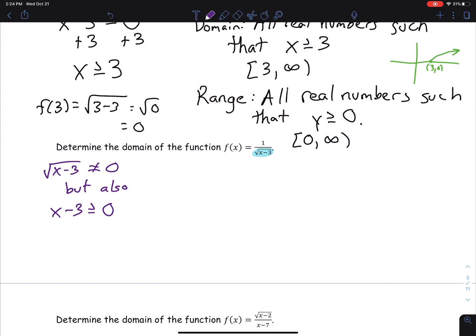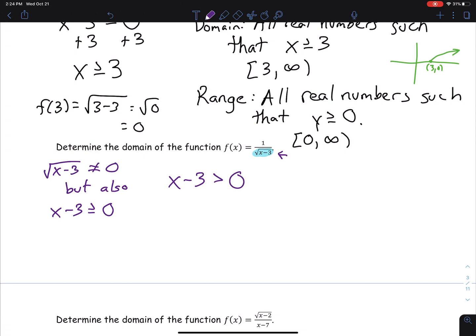So when you combine both of those, it can't equal 0, so we don't want to say it's greater than or equal to 0. So we're just going to say x minus 3 is greater than 0 in this case. It can't equal 0 because the square root is in the denominator this time, and that would make an undefined number. Well, it would just be undefined.